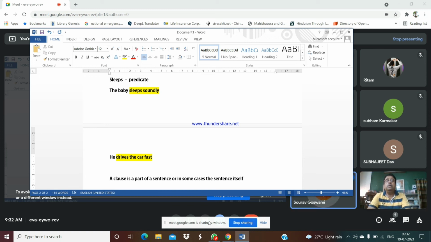A clause is a part of a sentence, or in some cases the sentence itself, where there is a subject and a finite verb, and the rest part of the sentence.